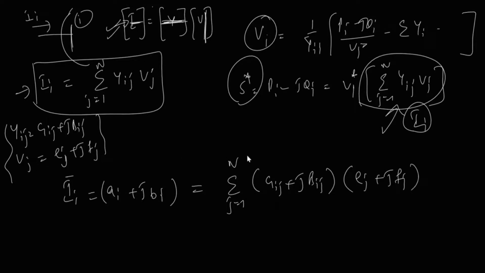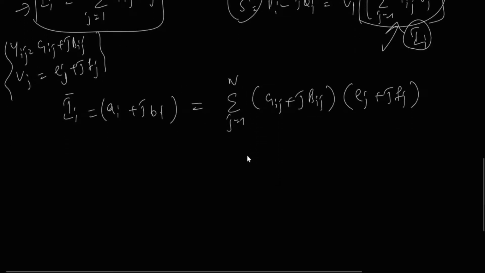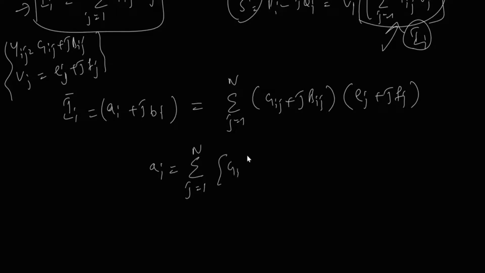Now if I simplify and write separately, Ai equals summation j equals 1 to n of Gij Ej minus Bij Fj, not Fi, Fj.